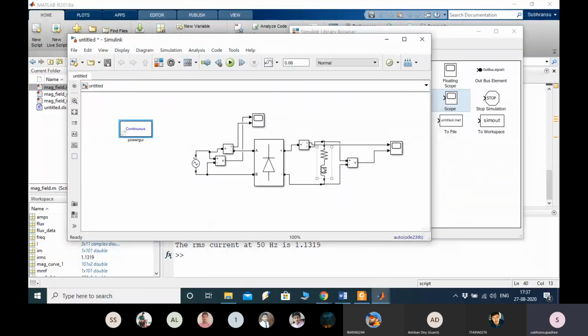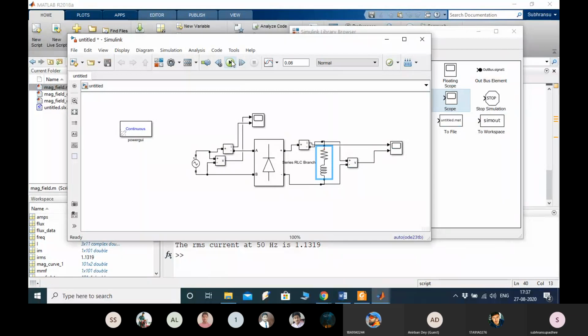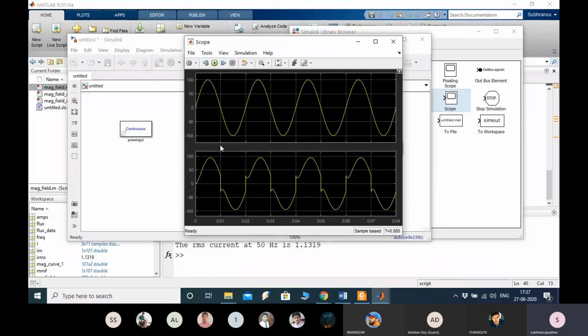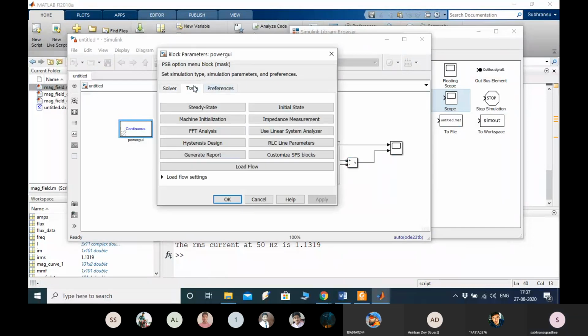If you reduce the load inductance of the load, then here you will get a somewhat non-sinusoidal source current.